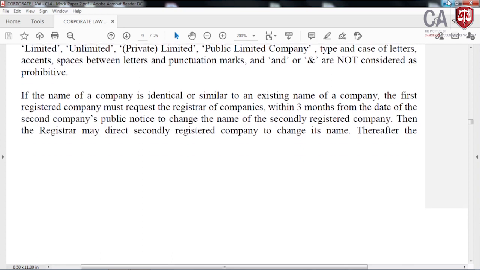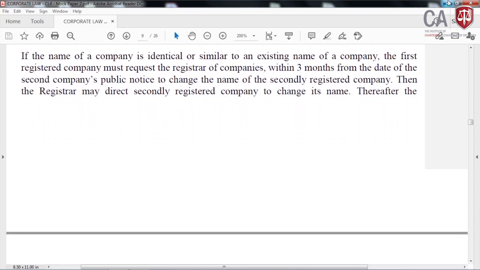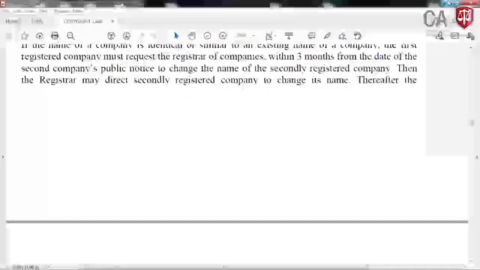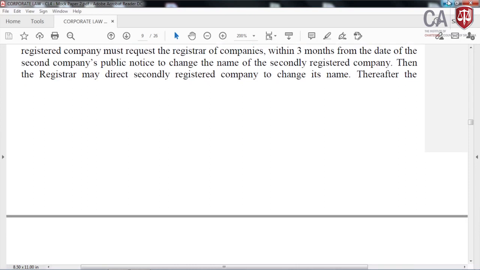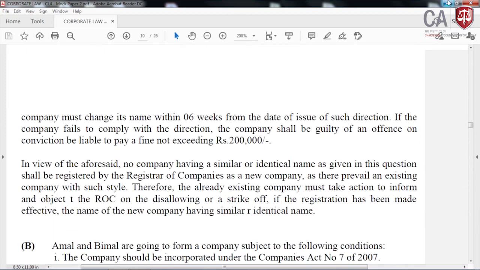If the registrar sees that this is identical, then the registrar will direct the second registered company to change its name, because there is a company existing right now with a similar identical name. Thereafter, the company must change its name within 6 weeks.